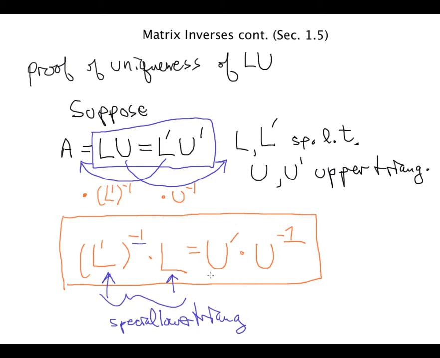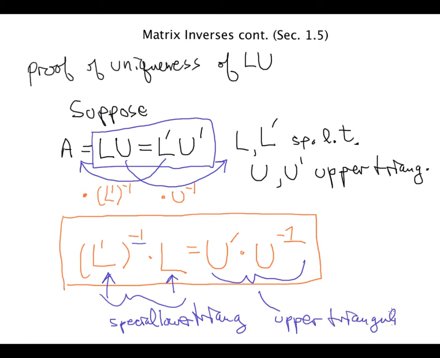On the other hand, this side is the product of an upper triangular matrix and the inverse of an upper triangular matrix. The inverse of an upper triangular matrix is still upper triangular, and the product of two such matrices is upper triangular, so this side is upper triangular.